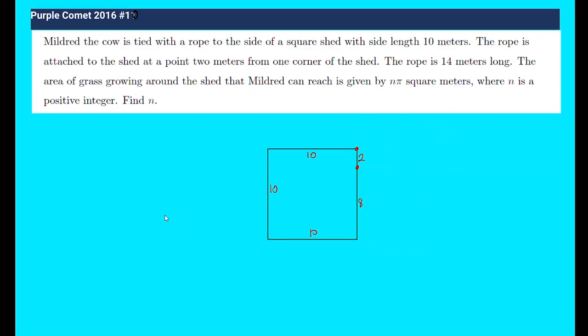My first step would be just drawing some horizontal or vertical lines. I'm going to do horizontal first. So let's say this is 14 meters. If I do the same thing with the vertical side, that should be 2 plus 12, so let's say this is 14.